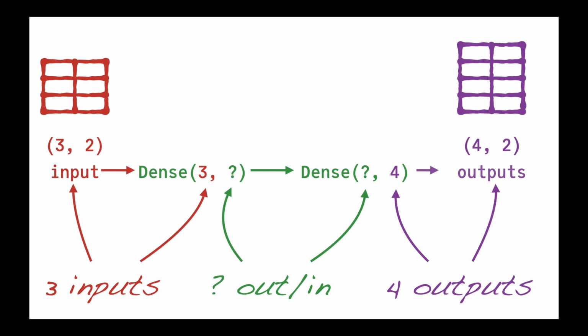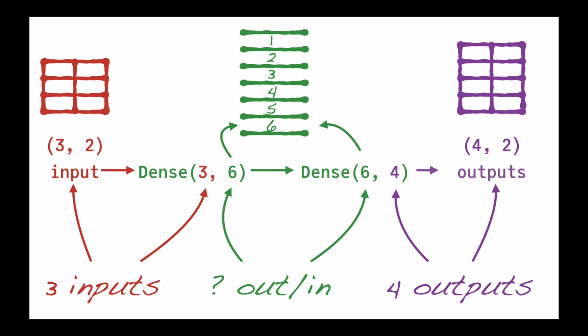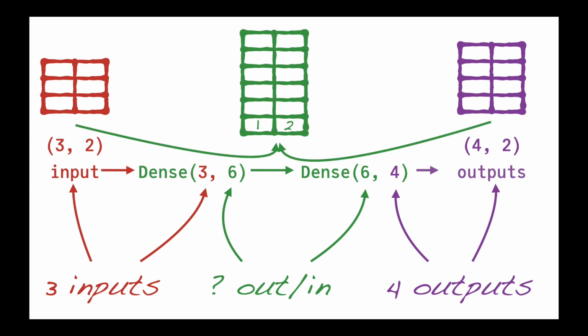So let's talk about what that question mark is. Well, it might be 6 different rows. How many columns is it going to have? Well, it's going to have the same number of columns as the observations on the left and on the right. That's going to be repeated all the way down the neural network.